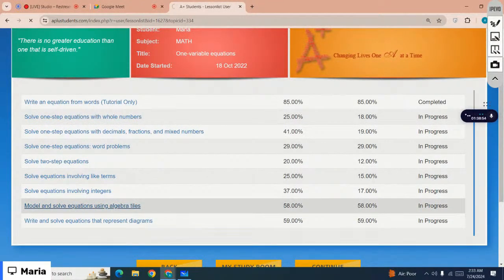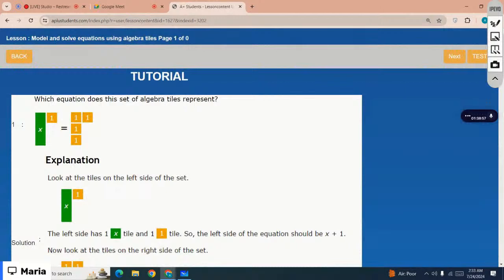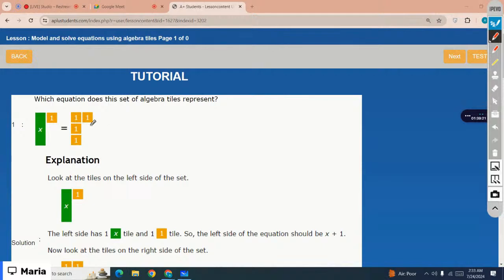Model and solve equations using algebra tiles. Which equation does this set of algebra tiles represent? You have x and 1 on the left side, and here you have 1, 2, 3, 4 white 1 tiles, right?